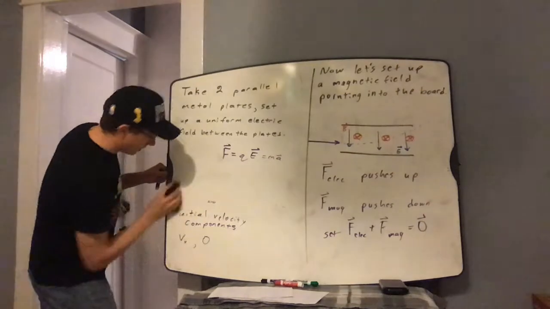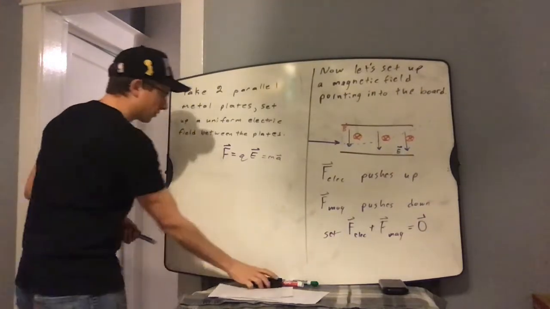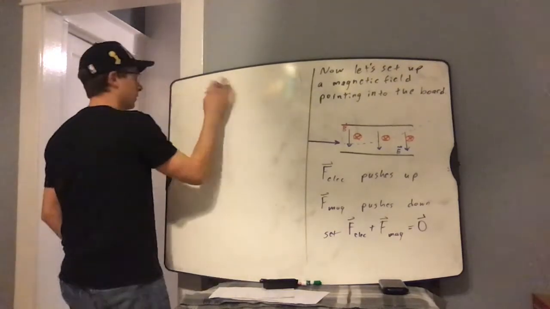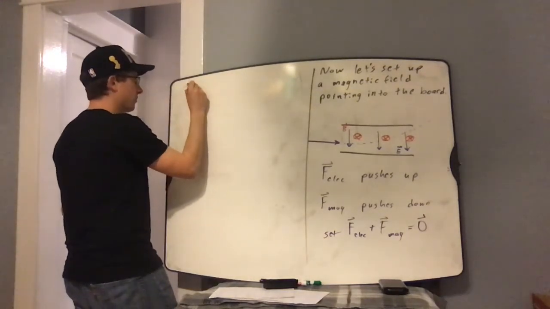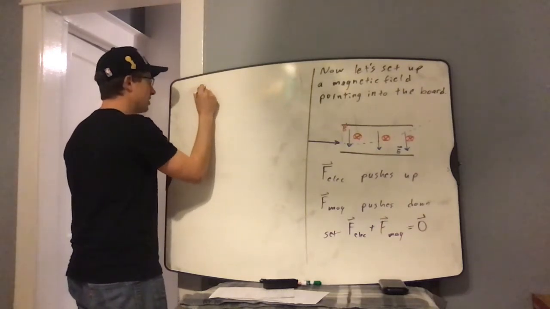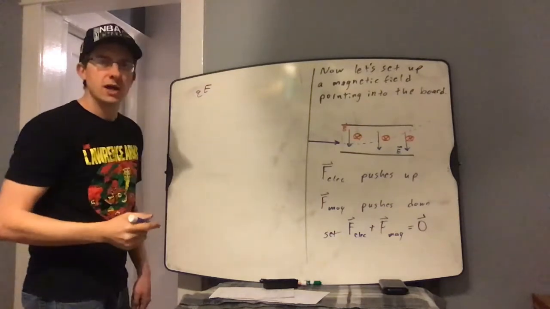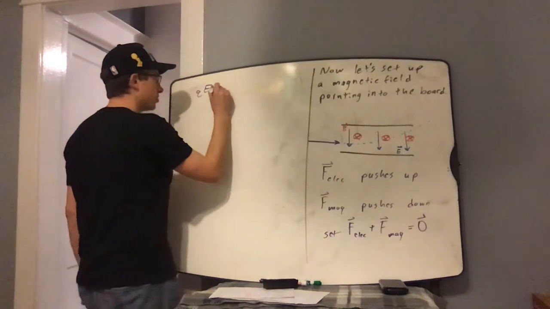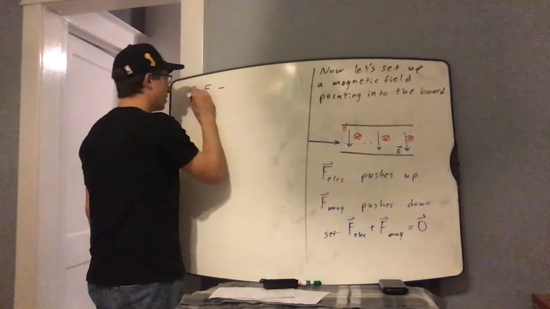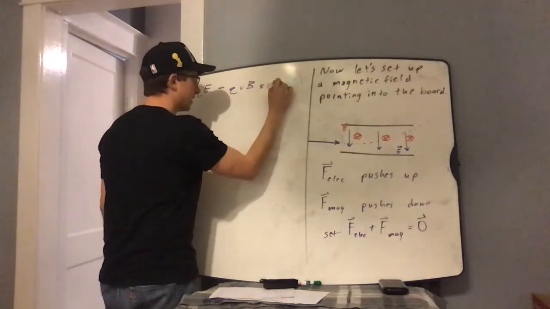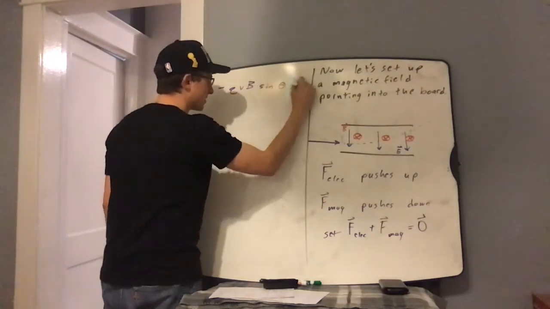Well, when we do that, we've had that the electric force was given by F equals QE. So the electric force was QE, that was pointing upward. The magnetic force was QVB sine theta, so that was downward. So QVB sine theta, and we want the forces to cancel.